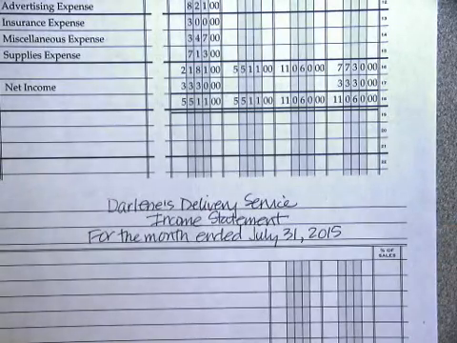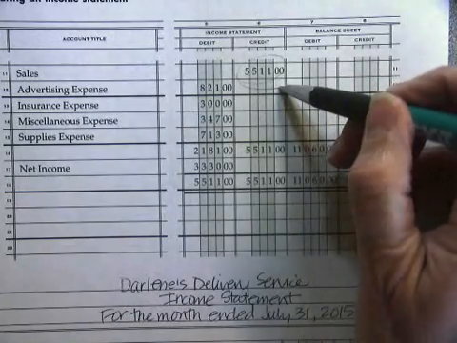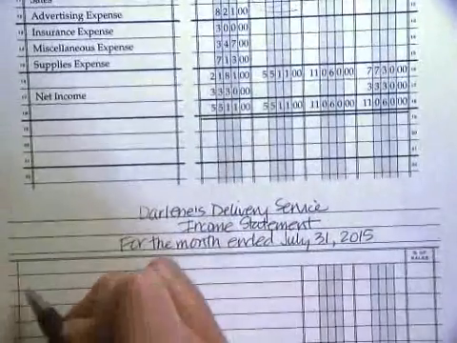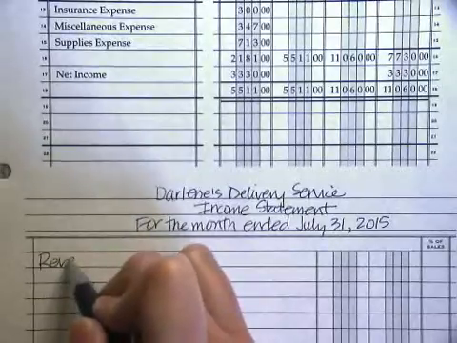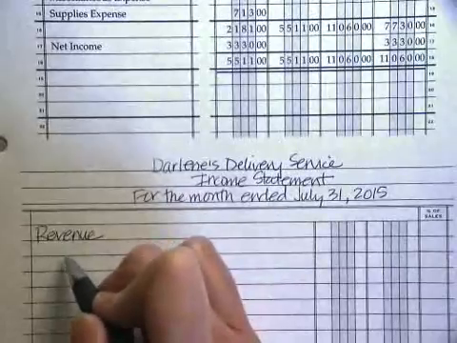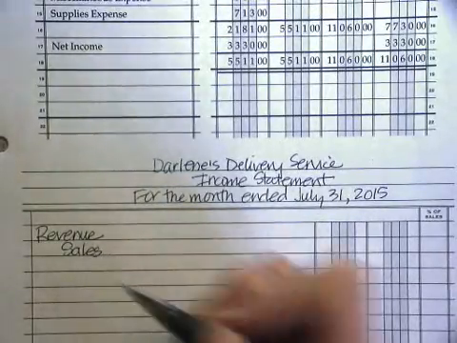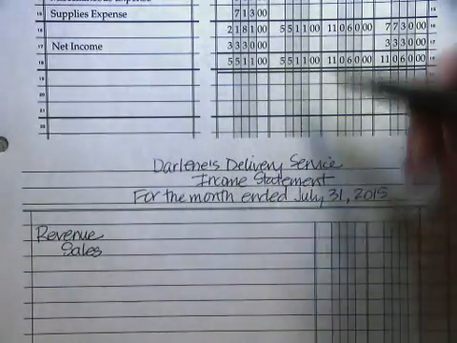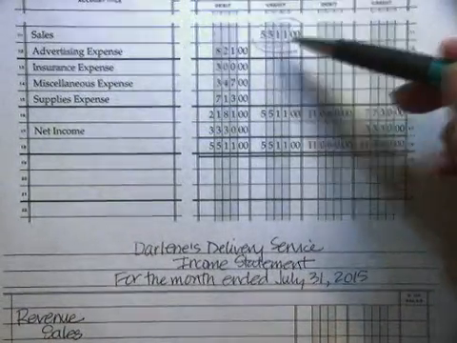Okay? We have just one revenue account for sales. So we'll have our section heading for revenue. And then we can indent a little bit to show that we have a sales account. And our sales account balance is $5,511.